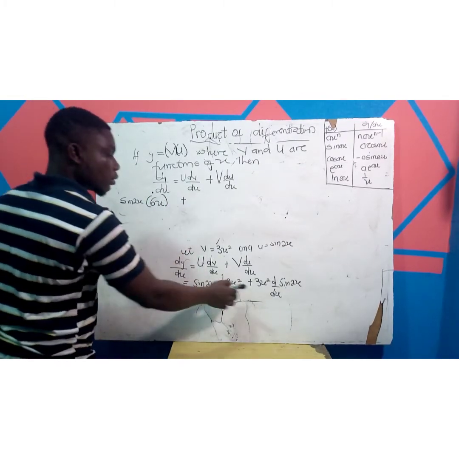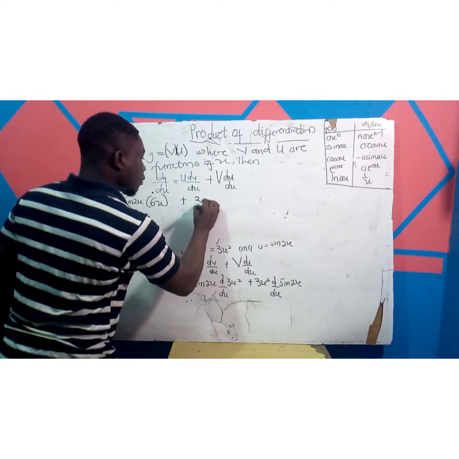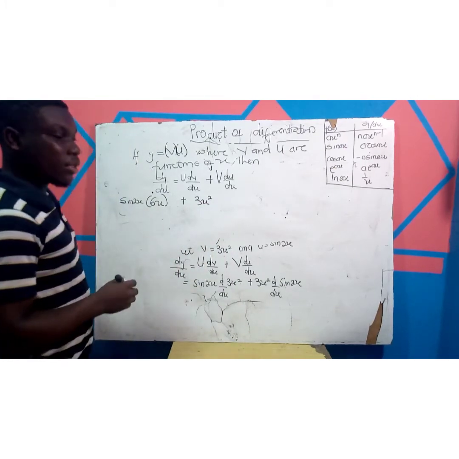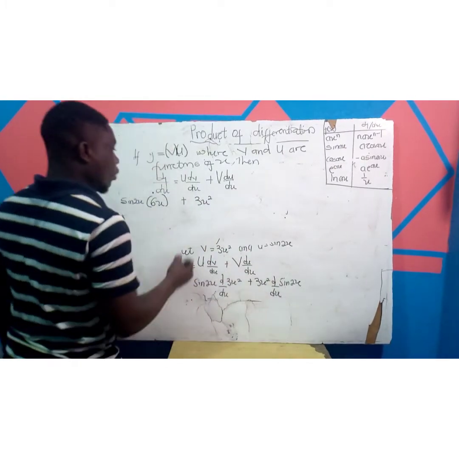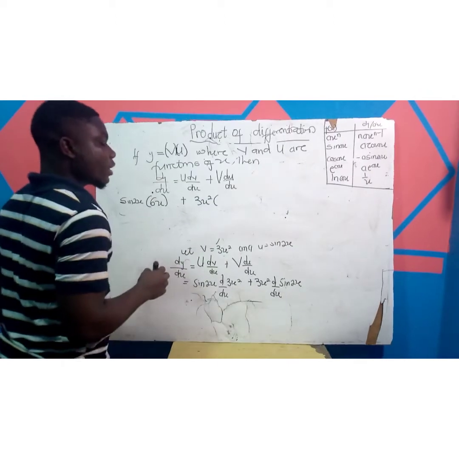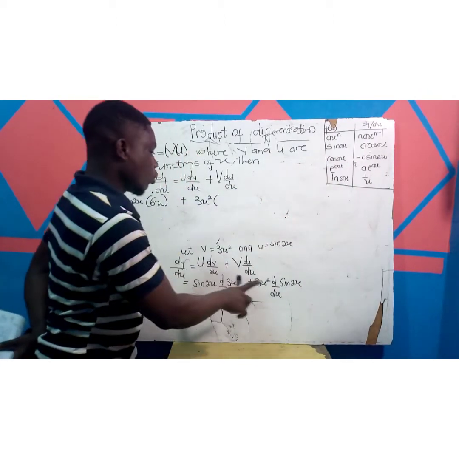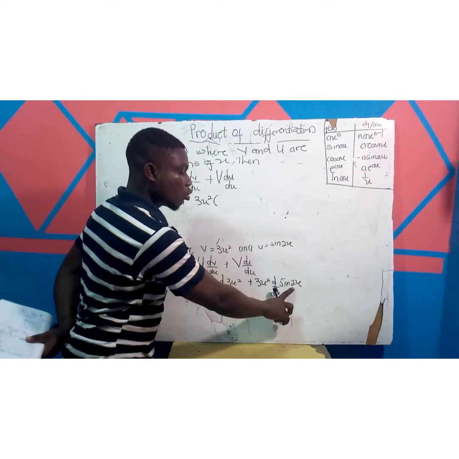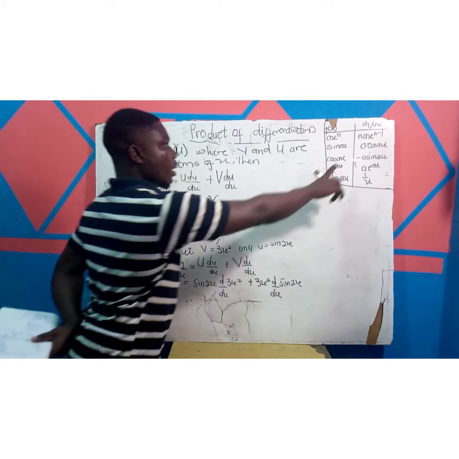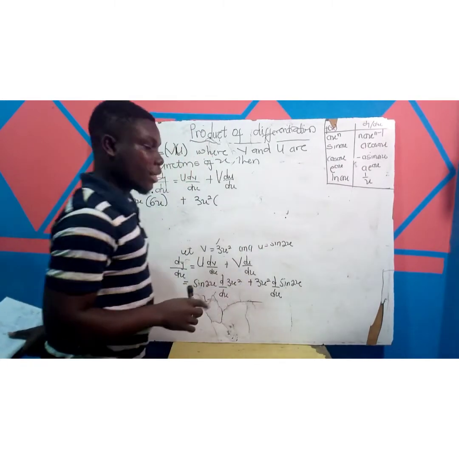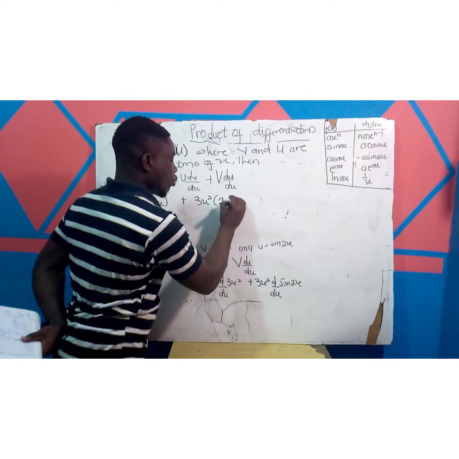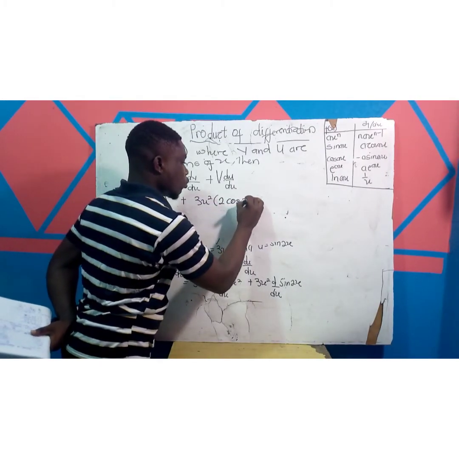Plus, let's keep 3x squared constant. We differentiate sin 2x. Differentiating sin gives cos, so our a is 2, and a cos ax gives 2 cos 2x.